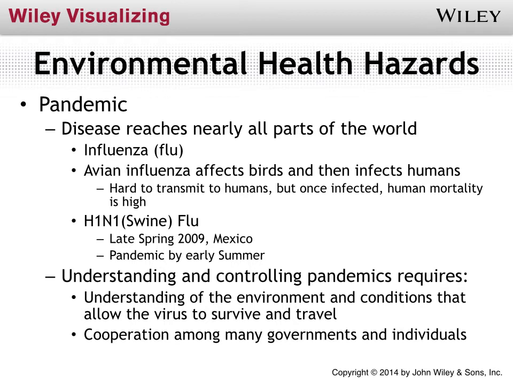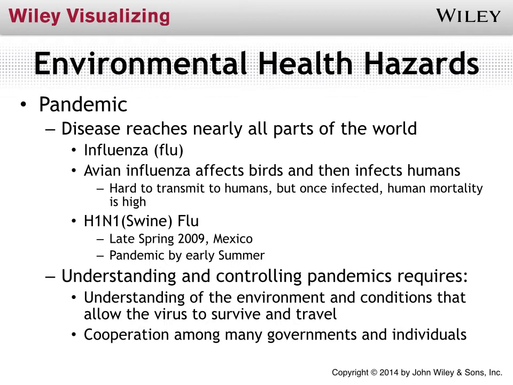So there are certainly large groups of scientists around the world that work to understand these pandemic diseases and, again, how to control the pandemics. And they do this by first understanding the environment and what conditions it takes to allow that virus to survive, and not only survive, but move or travel from place to place.